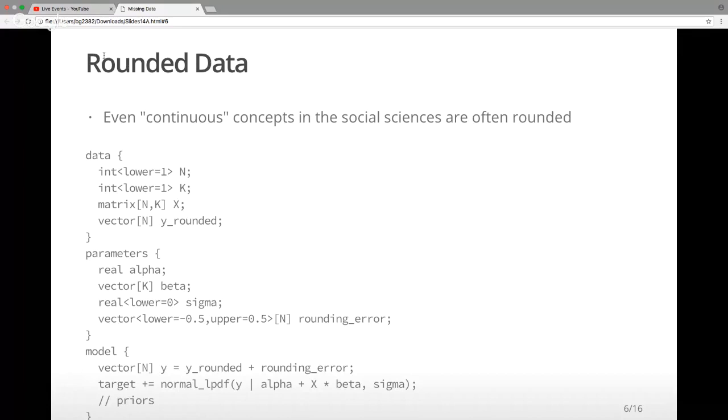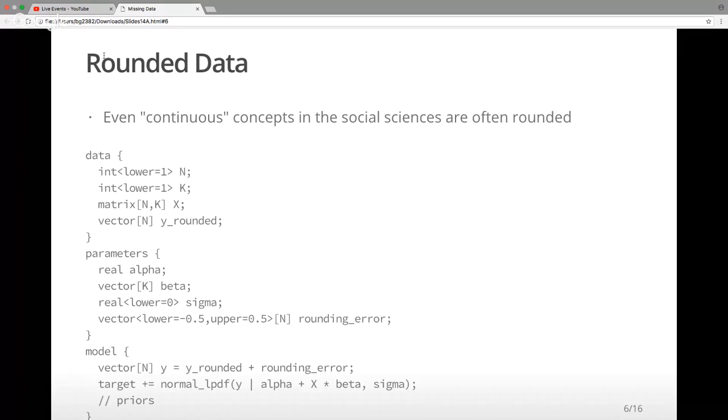We have our observed measure of y, but we know y, according to the data generating process, has been rounded to the nearest integer. We have an intercept, we have coefficients, we have the standard deviation of the errors, and then we have a vector of size n that is the rounding error. I've bounded that between -0.5 and +0.5 if I know the data have been rounded to the nearest integer.